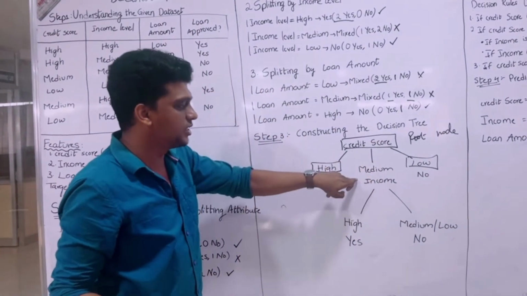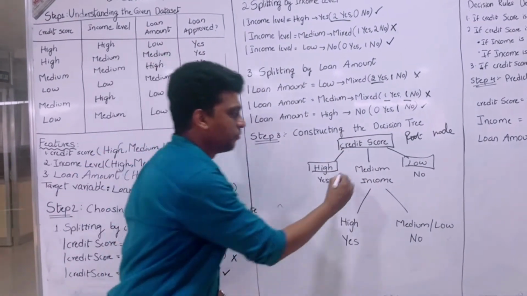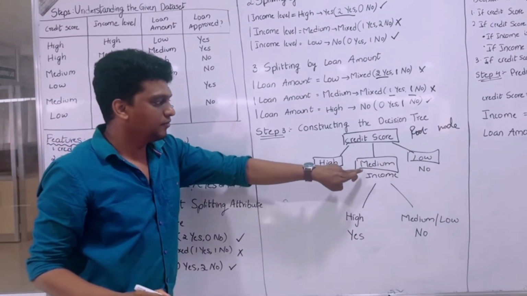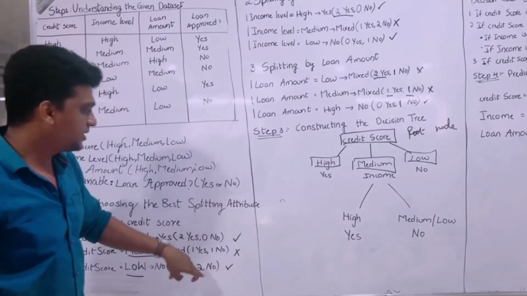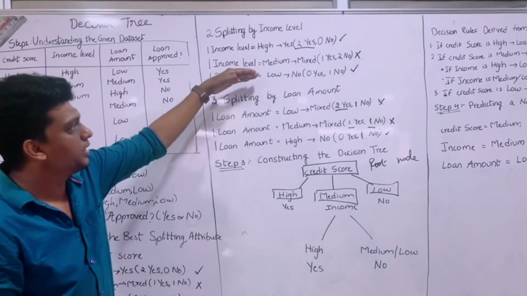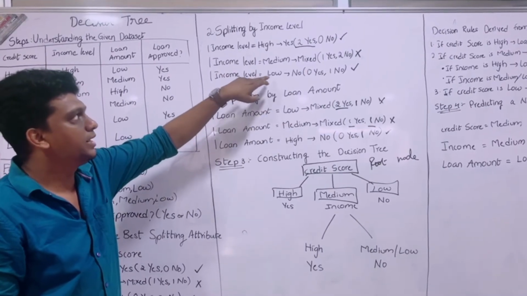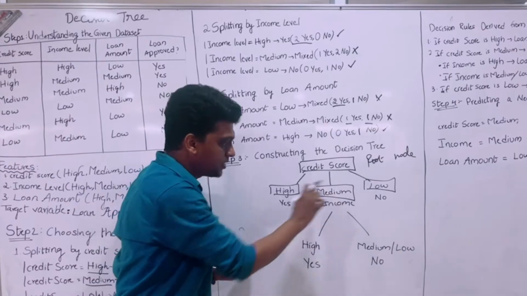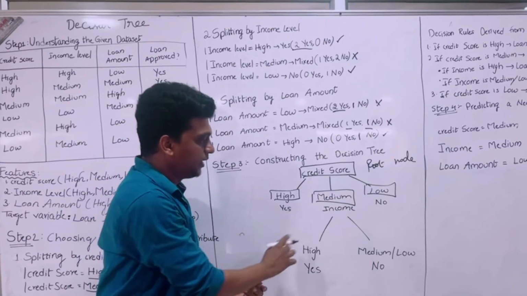Then the third condition is the credit score medium. If the credit score is medium, at that time we should compare with the next higher level of income level. Compared to income level and the loan amount, the income level hosts the high level of entropy. So we should choose the income level.